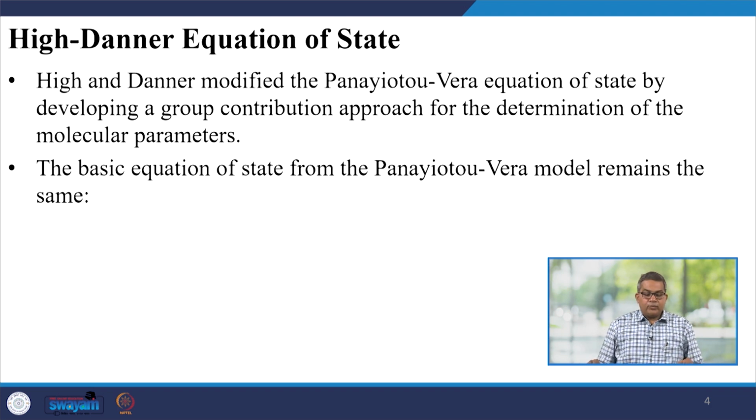Now the High-Danner equation: High and Danner modified the Vera equation of state by developing a group contribution approach for the determination of molecular parameters.